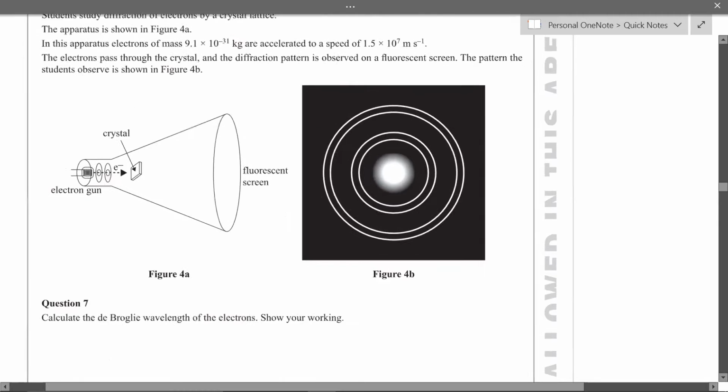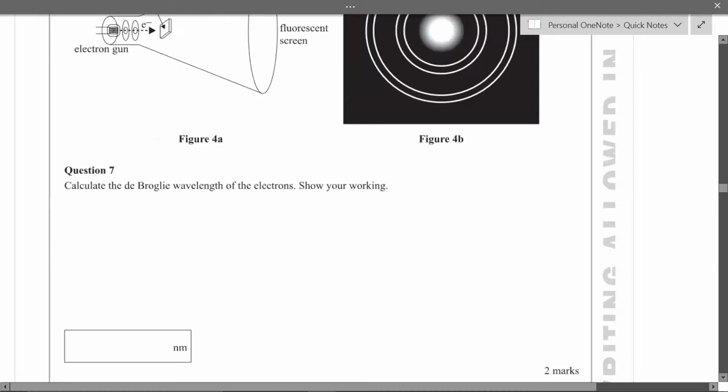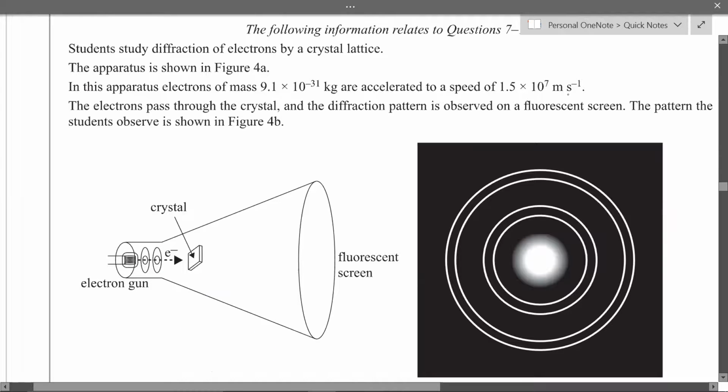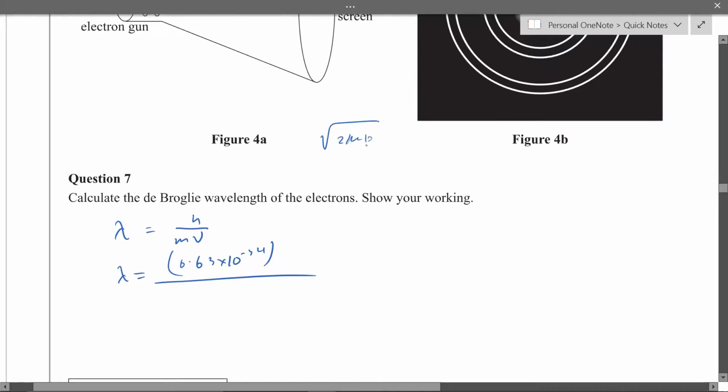And now we're at diffraction of electrons. So, de Broglie wavelength of the electrons. But this time they're like particles, so we use h: lambda equals h on p. So lambda equals 6.63 times 10 to the negative 34, and they tell you the speed, which is nice because we don't have to use that square root 2 mEk.